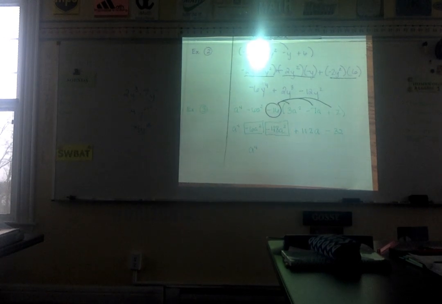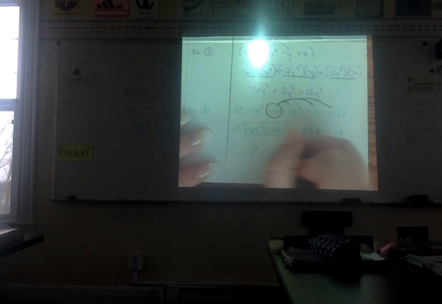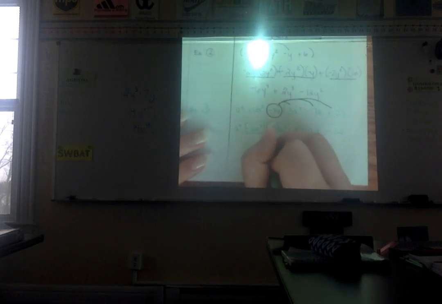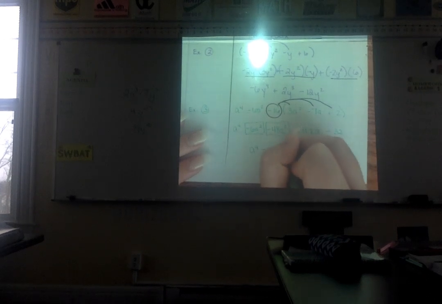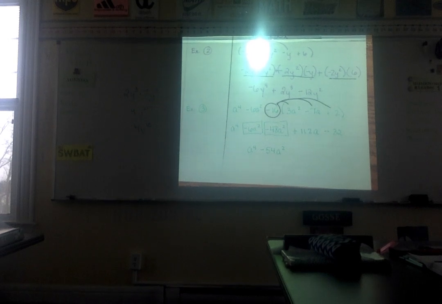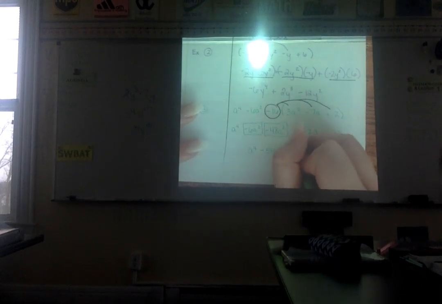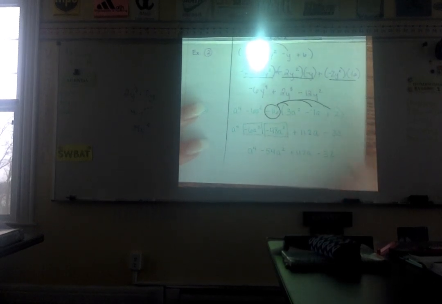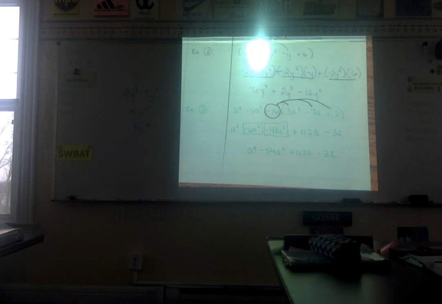How many a squareds do I now have? 54. Good, negative 54a squared. Again, we're just subtracting the coefficients there, not the exponents, okay? And then everything else gets written as is. Plus 112a minus 32. That's our last example in our notes.